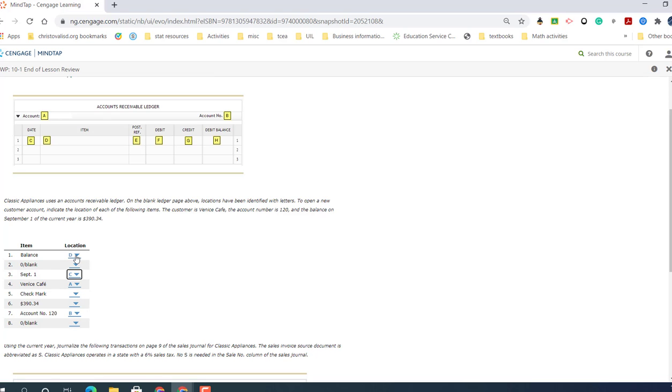When we're doing this on the computer, we're not actually going to be writing that in. E is a post-reference number, and it does not tell us a post-reference number in this case because we're just pulling over the balance from the previous account, so it is going to be blank.